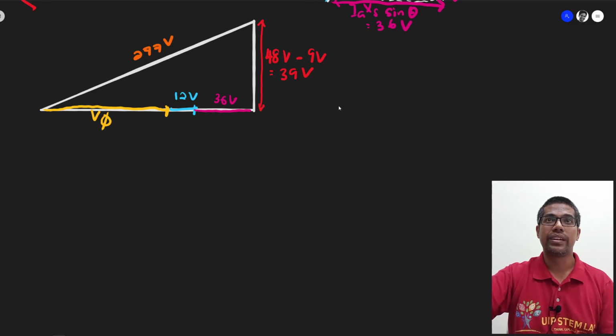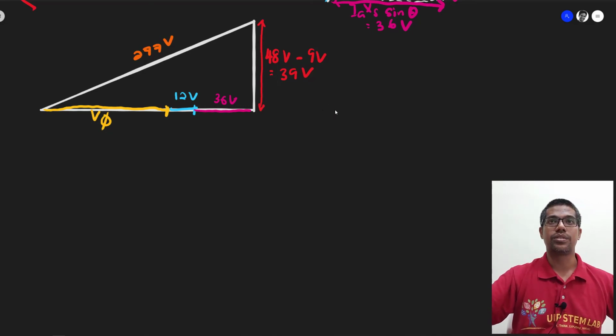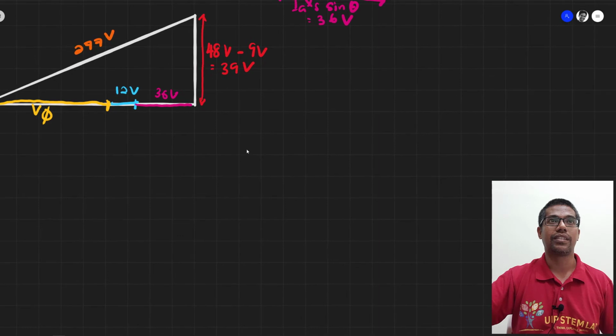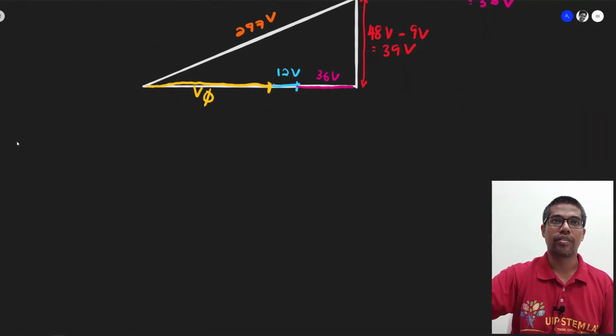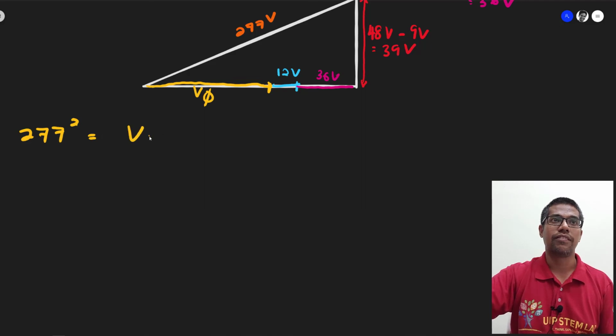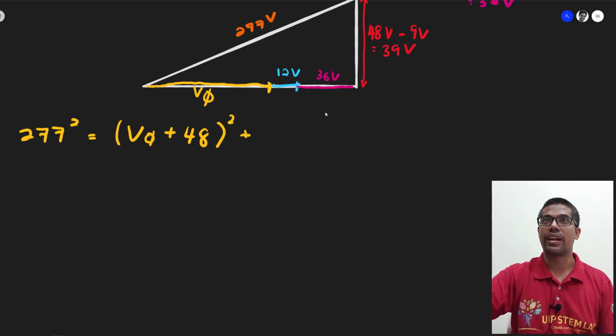So when we solve this, 277 volt squared equals V phase plus 12 plus 36 is 48, squared, then plus this side 39 squared.